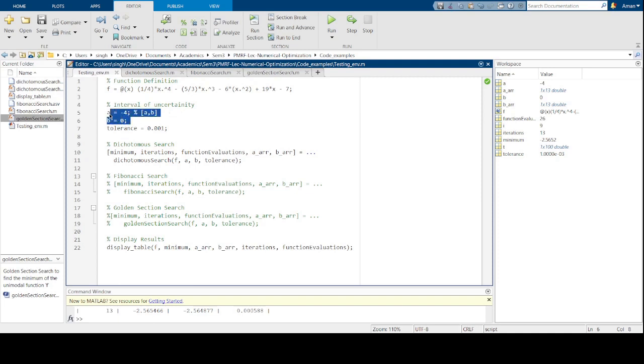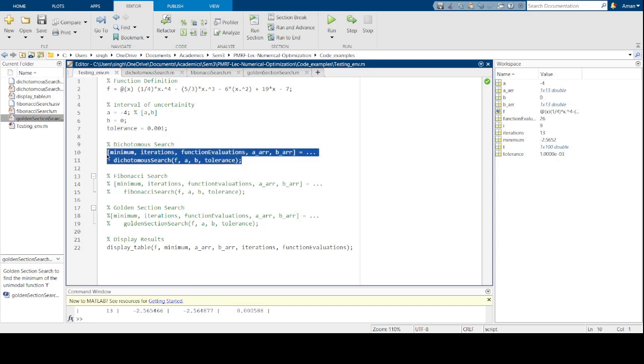Here the first interval of uncertainty is minus 4 and 0, and its length is 4, and the tolerance with which we want the correctness in x is 0.001. The first algorithm that we'll test is dichotomous search.